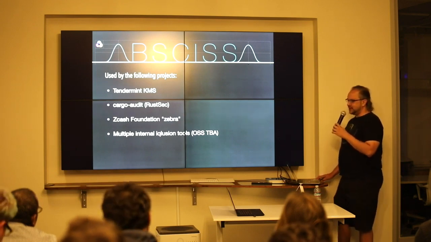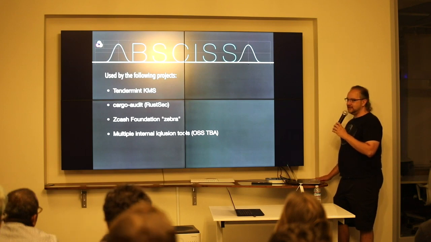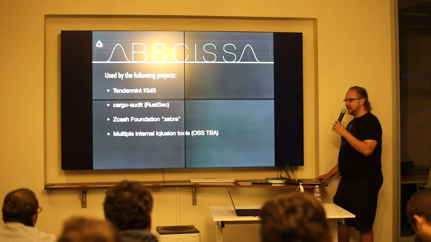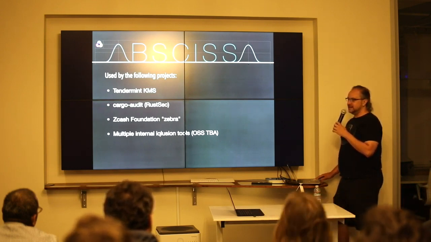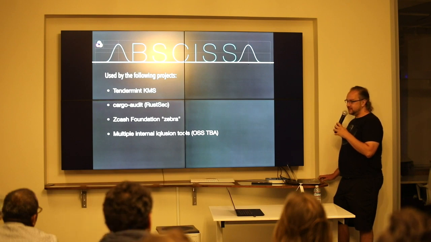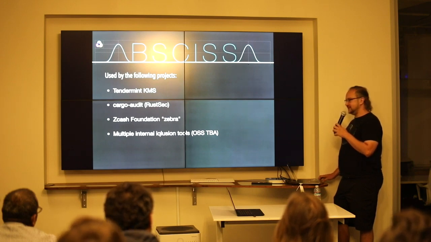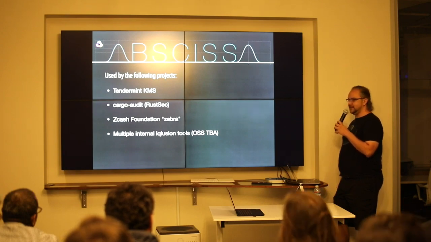Parity, which was mentioned earlier, developed an open source Rust implementation of a Zcash node. This is Zebra, which they did in collaboration with the Zcash Foundation. Zebra is now using Abscissa, and we have several internal tools we are in the process of open sourcing and will eventually do announcements about.